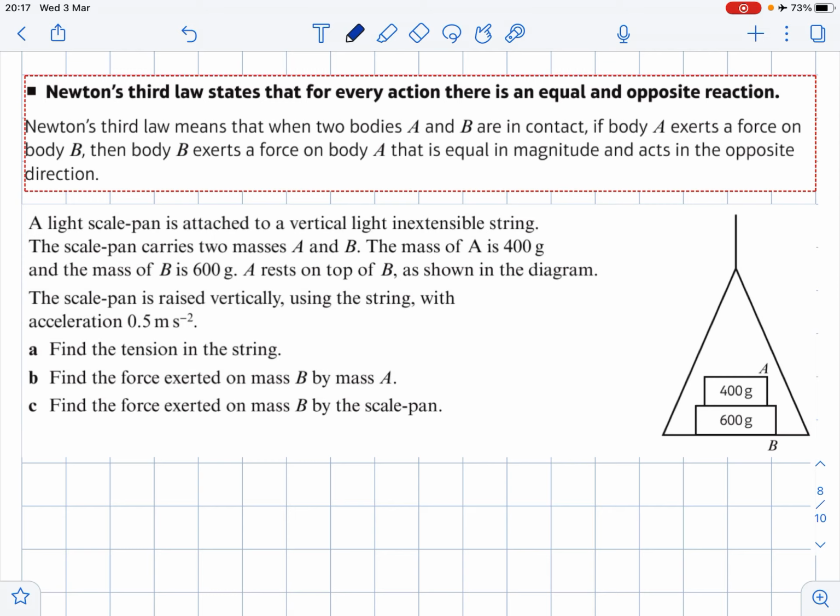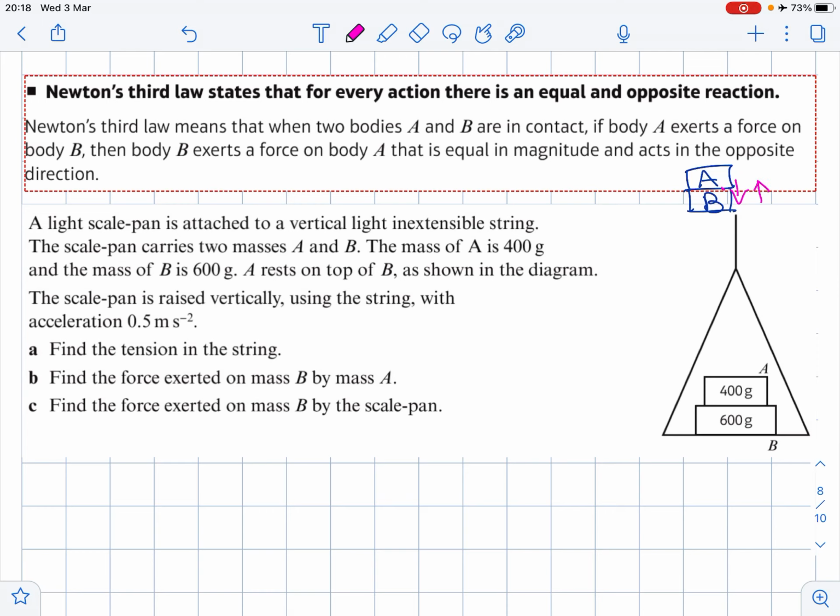If body A and body B are in contact, and body A exerts a force on body B, body B exerts a force on body A that is exactly the same but opposite.